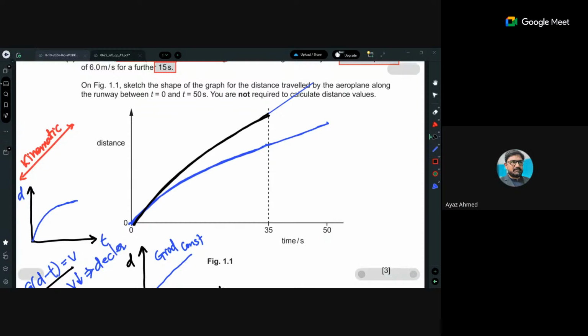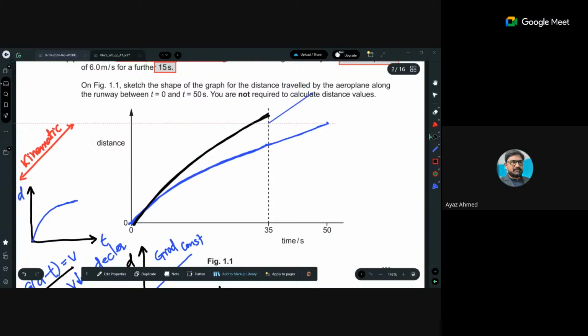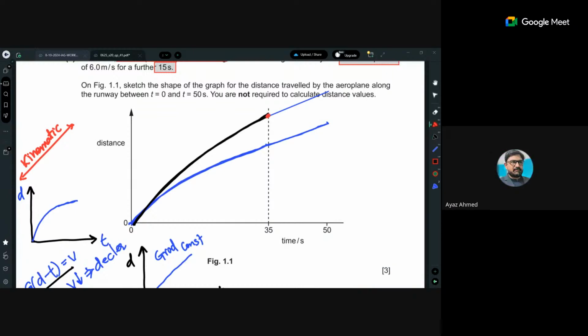So you can simply say that I will join this here, but I will not change the angle of the curve beyond this point, this way. Did you get it? Yes, sir. So from this point to this point, this shows constant speed, and beyond that it shows deceleration. Because calculations are not required, whatever you did is all correct. Okay, is it clear to you?